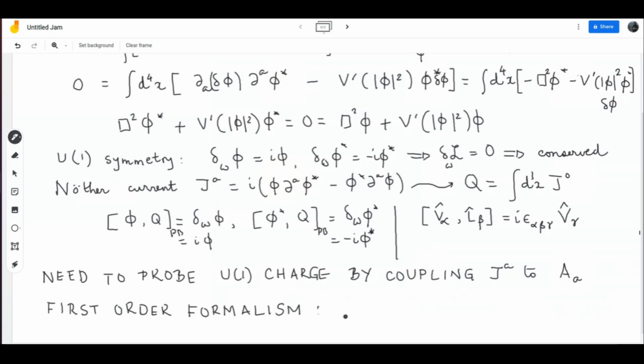Now, in the first order formalism, that's a bit like saying treat the momentum P as independent of velocity.